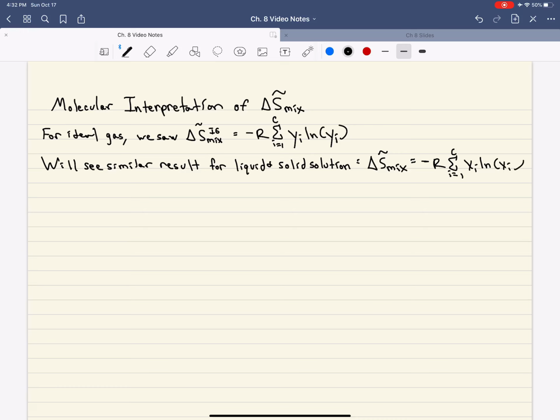Okay? Now this front x_i term comes from the fact that we have to directly multiply our entropy terms by moles, and then we divide it out by moles. But it doesn't explain why we have a natural log of the composition as well.